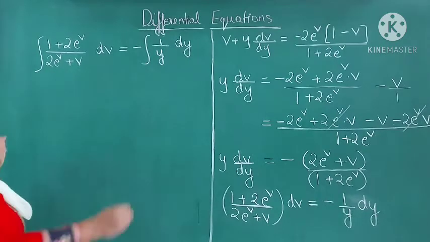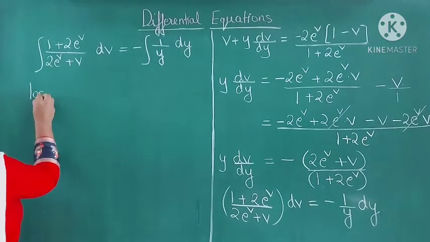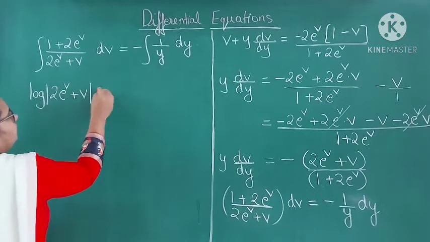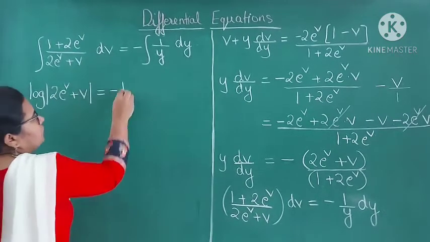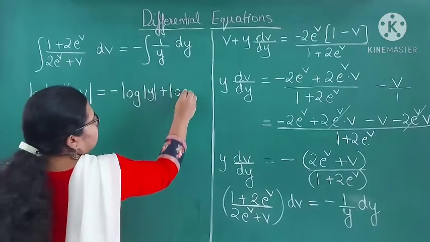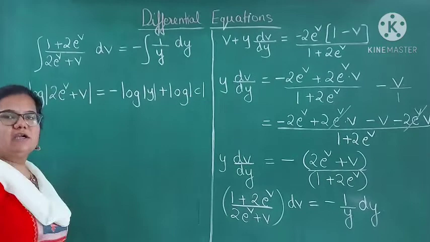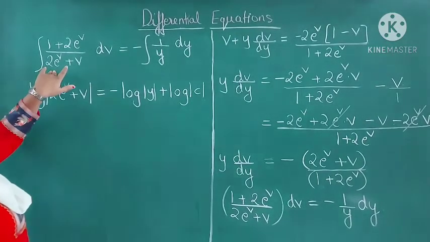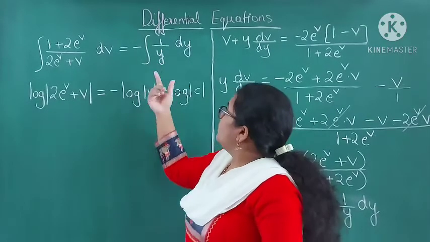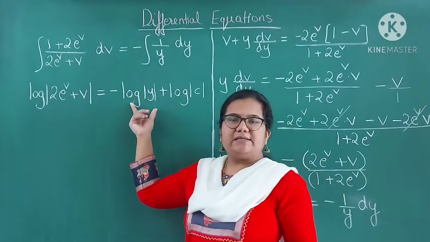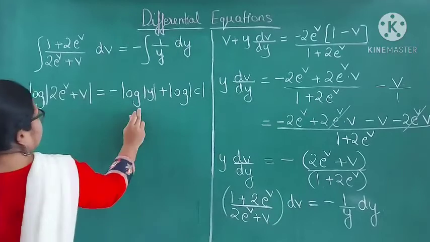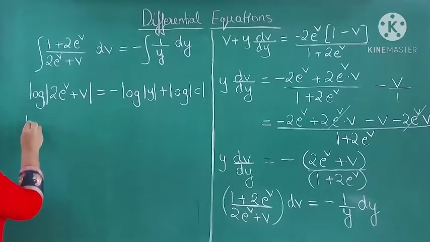So here the integration will be equal to log of 2 e raised to v plus v is equal to minus log of y plus log of c, constant of integration. Understood? F dash of x upon f of x form. Therefore log of 2 e raised to v plus v, and 1 upon y integration with respect to y is log of y plus constant of integration. Now I will take this log of y on this side.